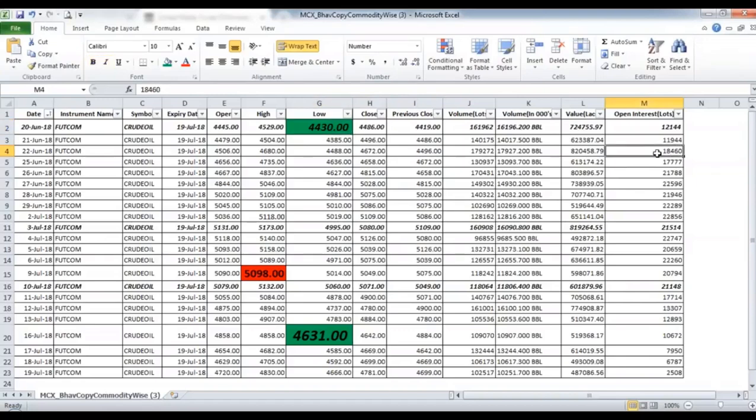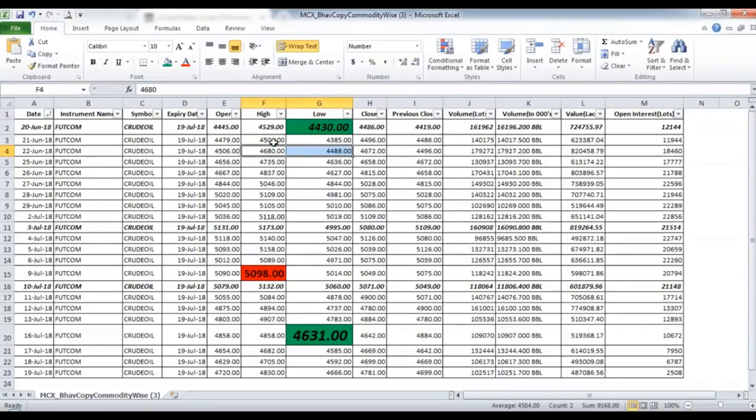Now this day the number of contracts increased, so it was selling, right? When it was selling, most likely it should form a lower high, lower low by the fundamentals. Rather, it formed a higher high, higher low.